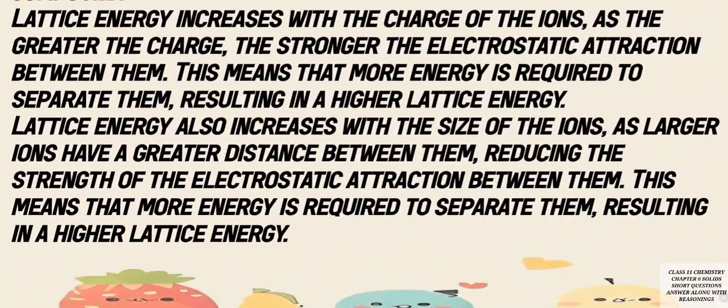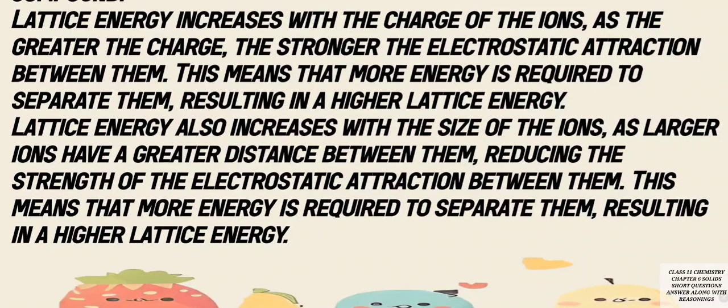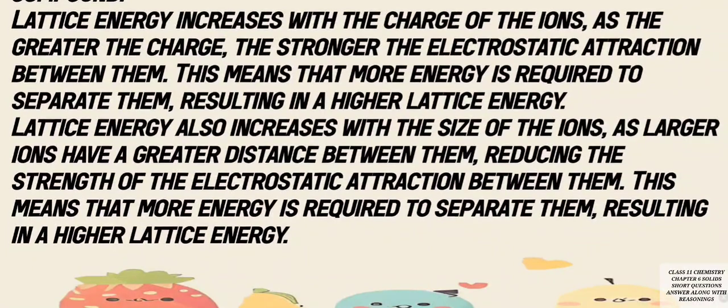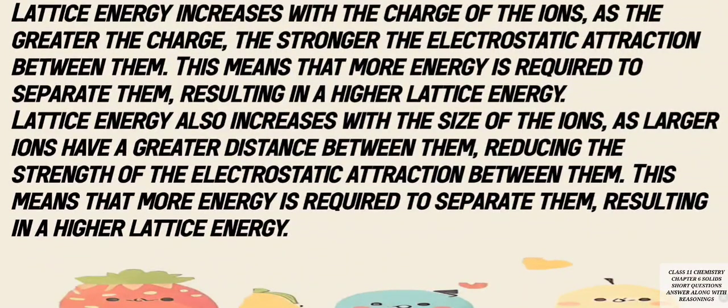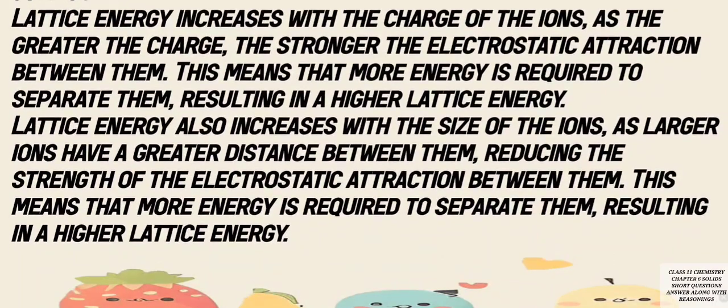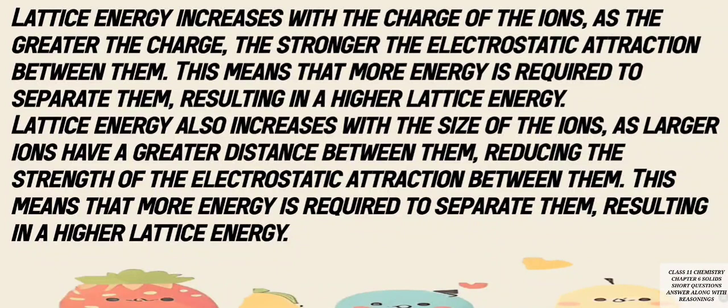So first of all, we are going to discuss the lattice energy. Lattice energy decreases with the increase in the size of the ions, cations or anions. The reason in both cases is the same. The smaller the size of cation or anion, the closer the packing of the positively charged ions, and thus it requires high energy to break the lattice and convert the solid ions into isolated ions.